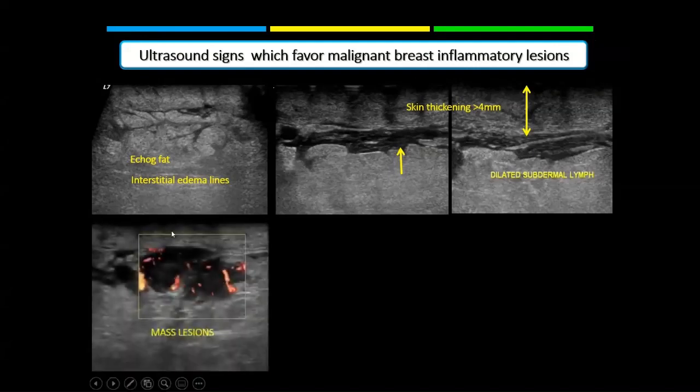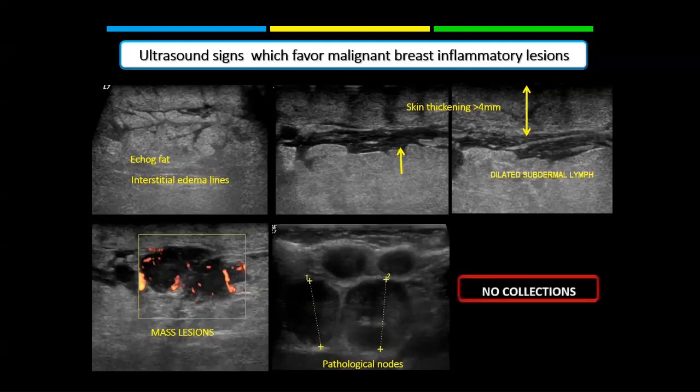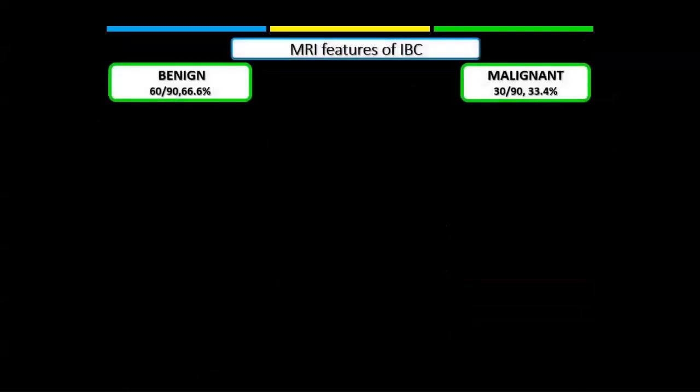In the breast, in many cases, we can find associated malignant mass lesions, and the axillary lymph nodes look pathological. They are globular with eccentric or muffled hila and with increased cortical thickness. At the same time, we do not see the collections that we saw in the infectious mastitis, and we do not find abscess cavities with the malignant forms of mastitis.